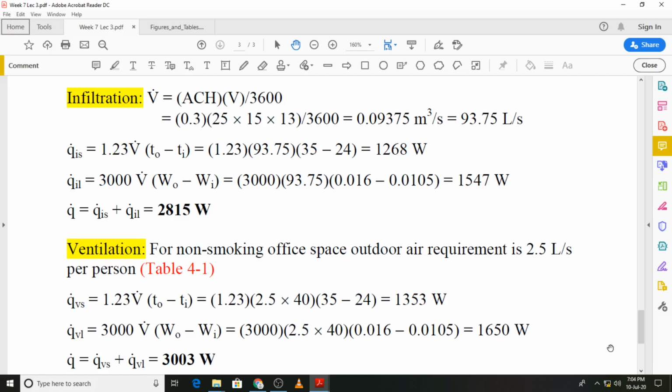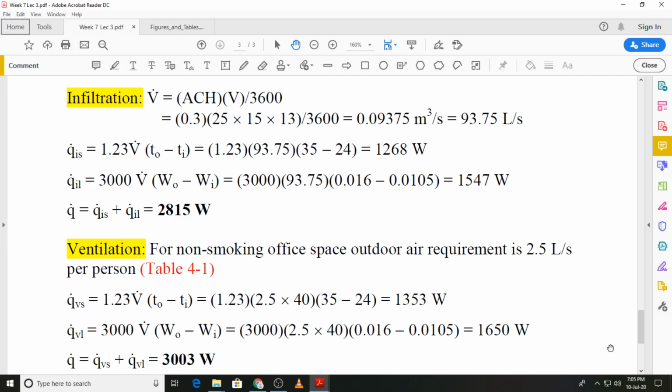So for the infiltration load, we are given the number of air changes per hour, that is 0.3, so we need to find out the infiltration rate in cubic meters per second first, and then convert it into liters per second. The formula is quite straightforward: the infiltration rate in cubic meters per second is the number of air changes per hour times the volume of the conditioned space divided by 3600.